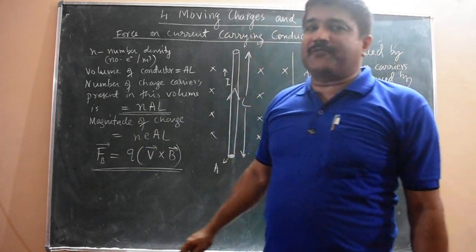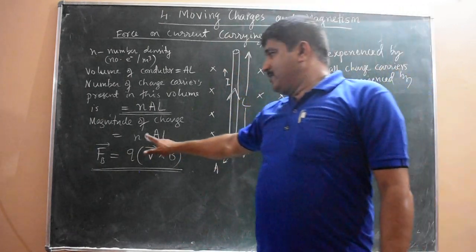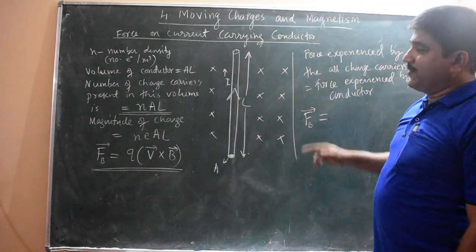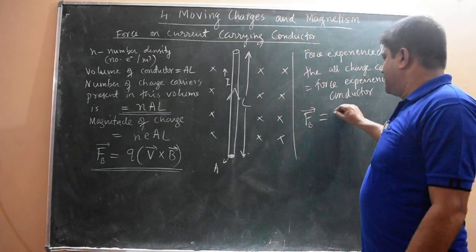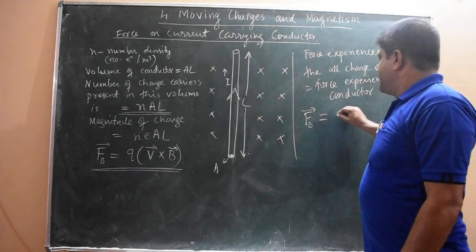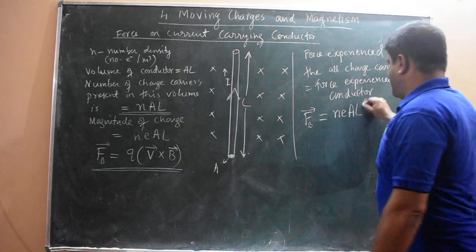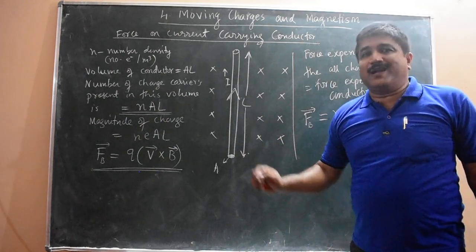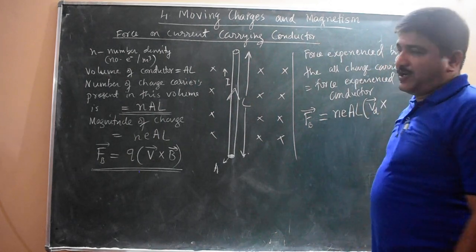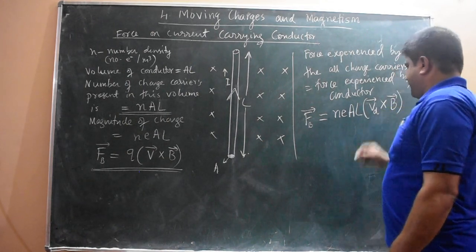I said magnitude of charge, otherwise it would be minus e, since electrons are the charge carriers, so it would be N A L into minus e. But when I write the magnitude of charge in the direction of current, that will be N e A L, positive. So the amount of charge within the conductor experiencing the force is N e A L, multiplied by the velocity with which the electrons are drifting, that is v_d, the drift velocity of the charge carriers, into B vector, the magnetic field vector.